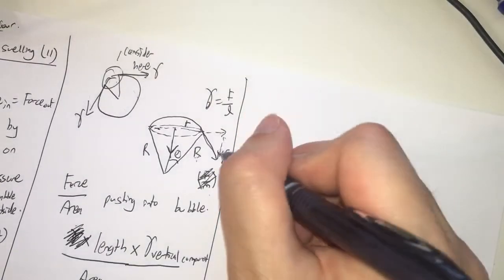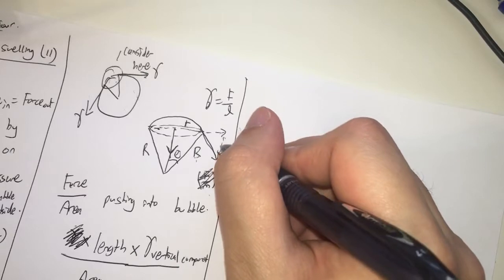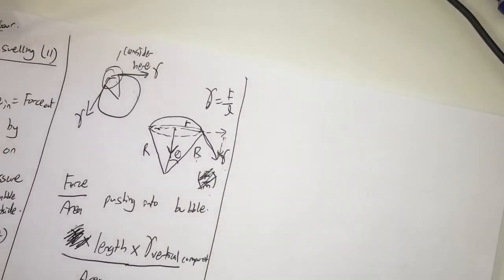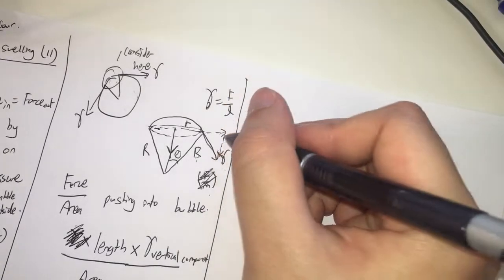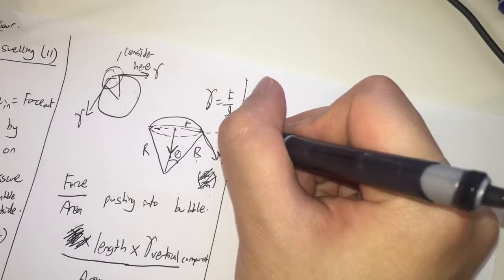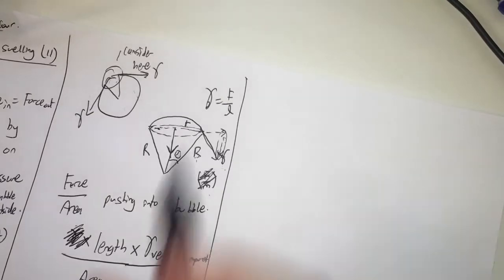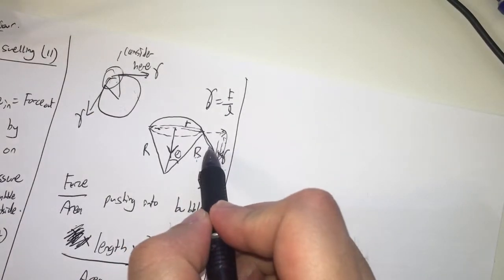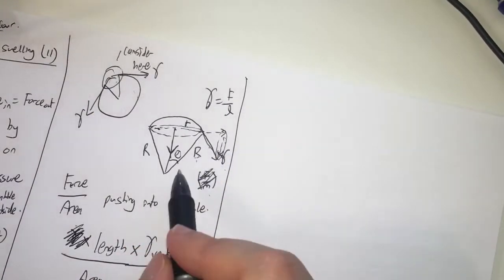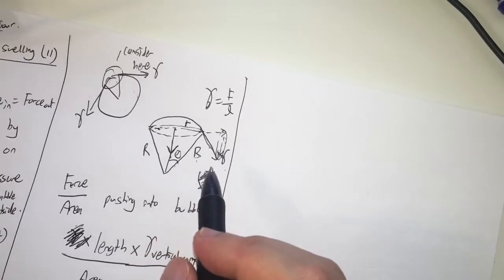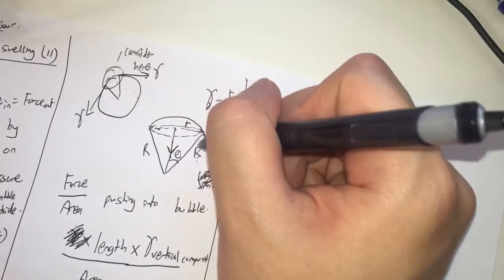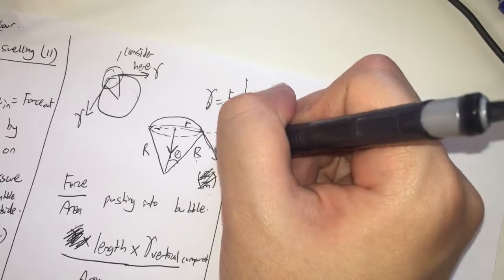So we want to find the component that's pointing downwards. Now, how do we find the component pointing downwards? We need to find this component, and this is gamma. So this is theta, and this is so-called tangential.